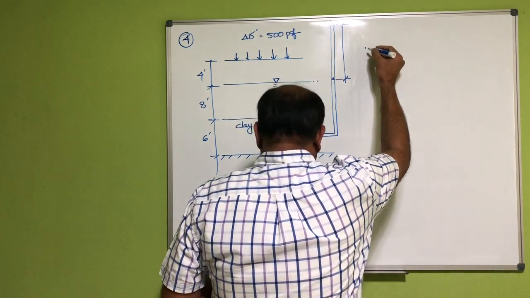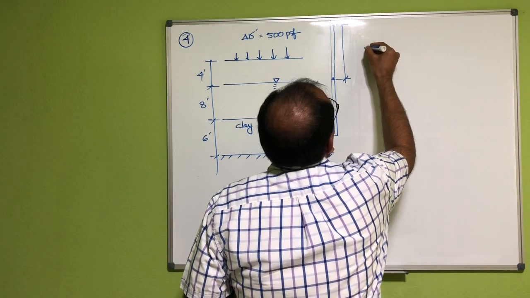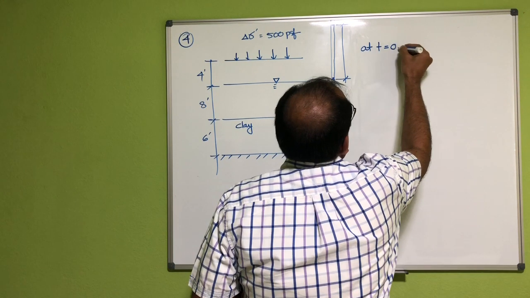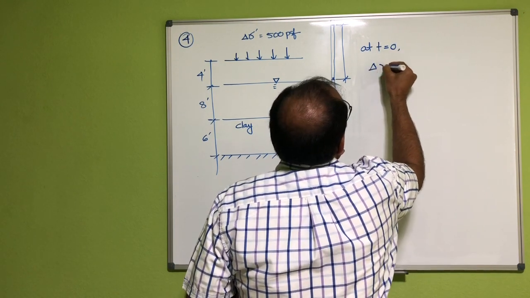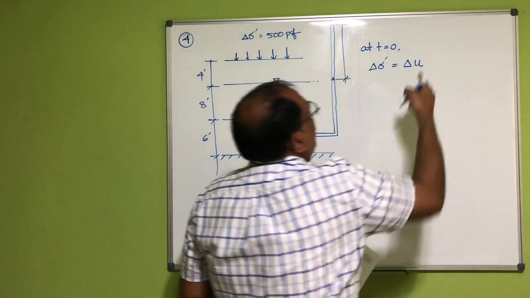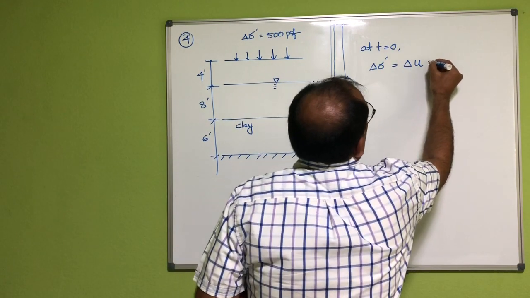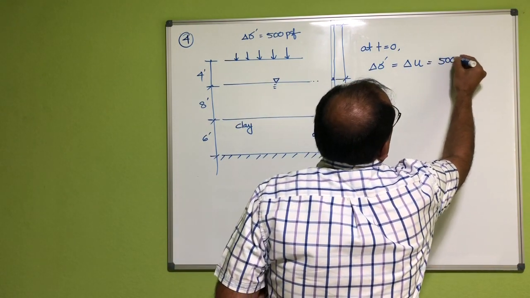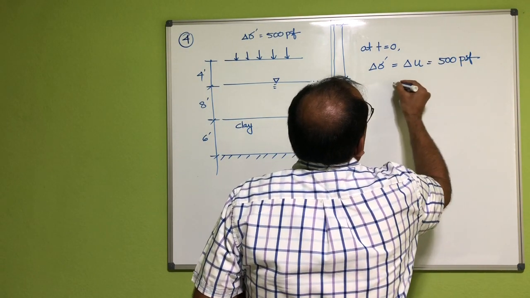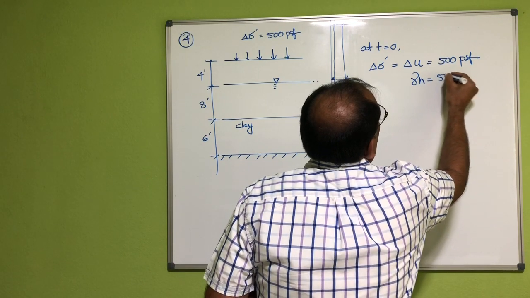So this height here would be equal to, at initially time t equal to 0, del sigma prime should be equal to your pore water pressure. Okay, so this one has to be 500. So gamma H, pore water pressure, is equal to 500.